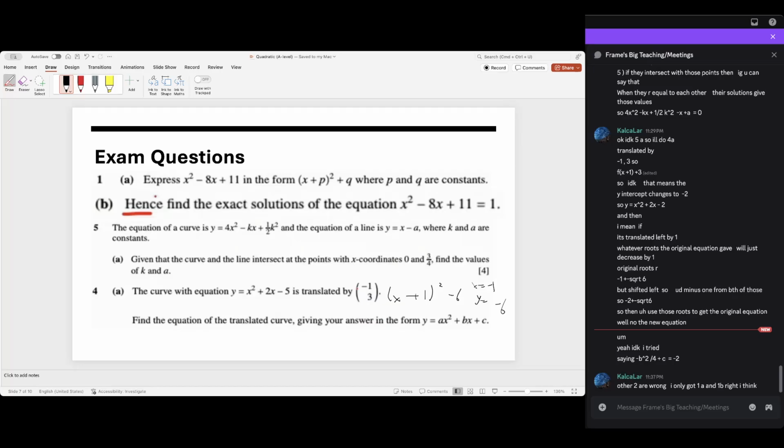That means x is equal to minus 2, so x plus 2 squared and 3, that means upwards, that means y is equal to minus 3. But we know that 2 squared is 4, that means minus 7.